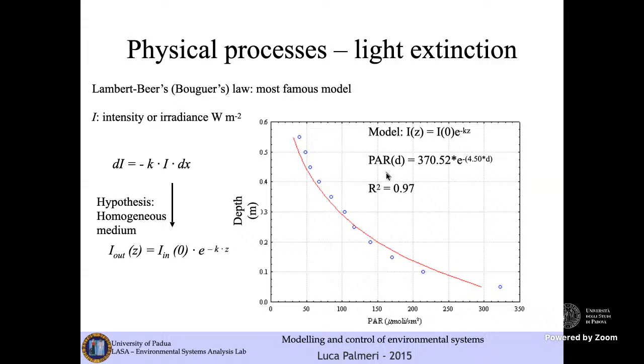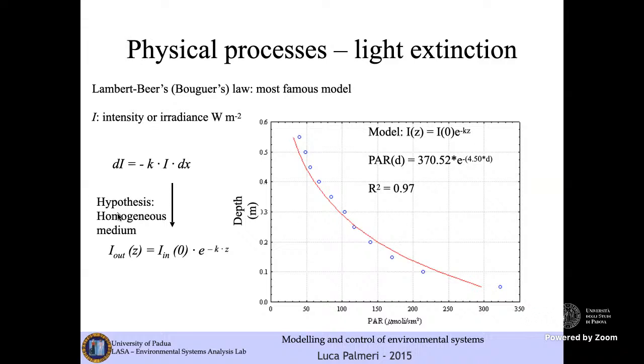But I recall photosynthetic active radiation is 52% of all the light arriving on the planet surface. So this is why we are multiplying by 0.52. There should be an error here. This is 0.52 multiplied by the intensity of radiation and the exponential decreasing factor.